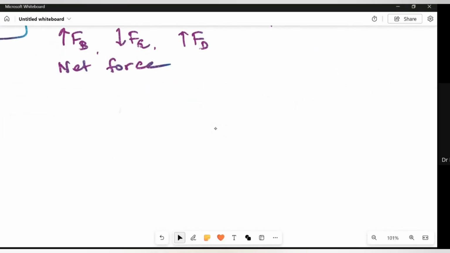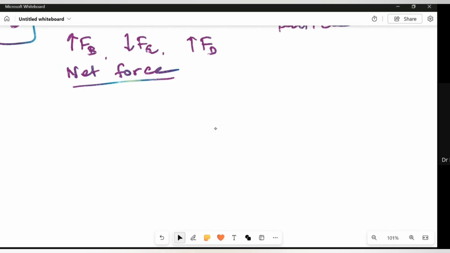The net force is the force acting on the particle during terminal settling. The net force acting on a particle during the terminal settling is the difference between the gravity force and the drag force.